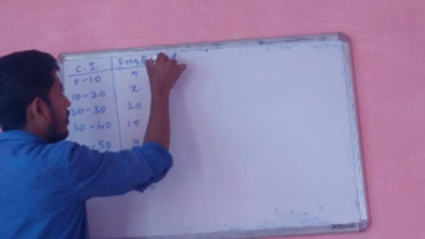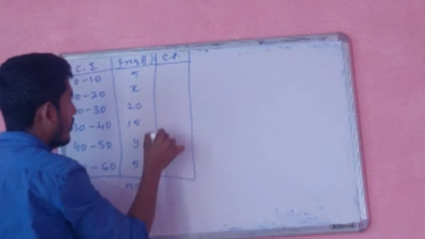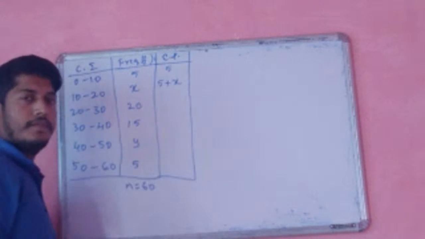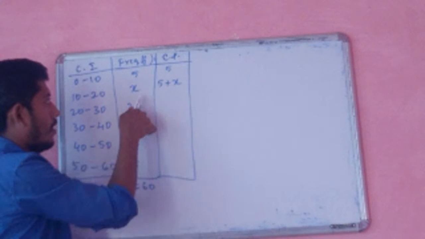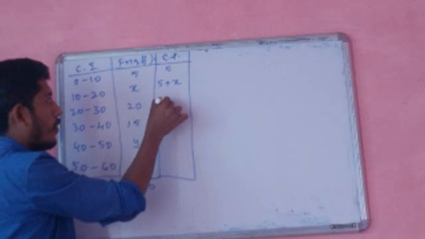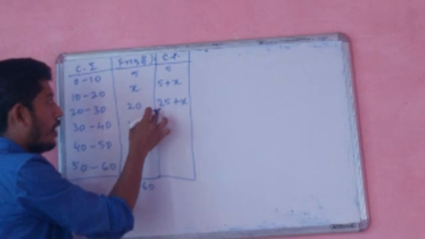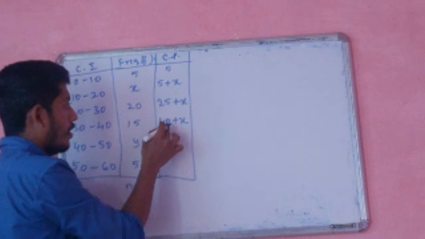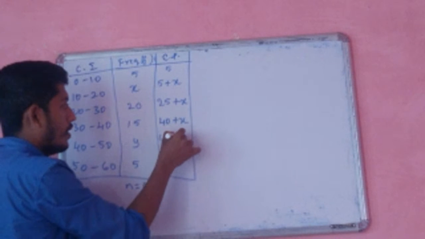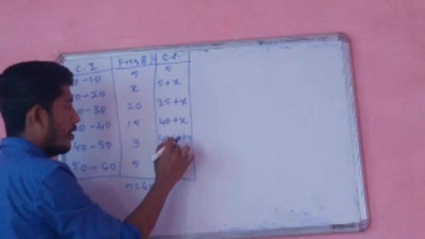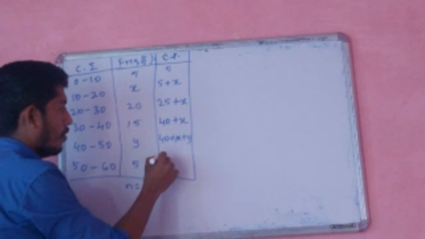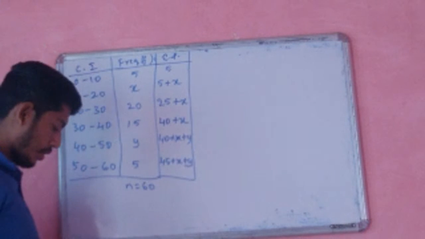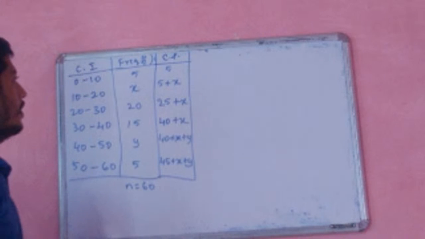The cumulative frequency is 5, then 5 plus x, then 20 plus 5 is 25 plus x, then 25 plus 15, that is 40 plus x, then 40 plus x plus y. The next one is 45 plus x plus y.